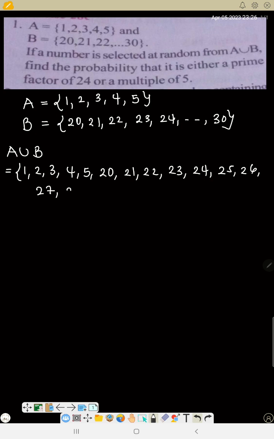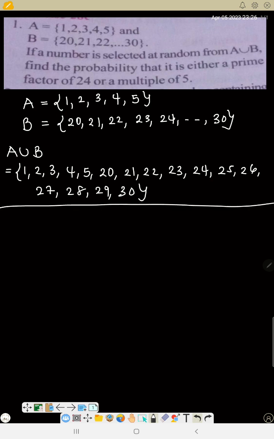So A union B now is 1, 2, 3, 4, 5, 20, 21, 22, 23, 24, 25, 26, 27, 28, 29, 30. So this is A union B.